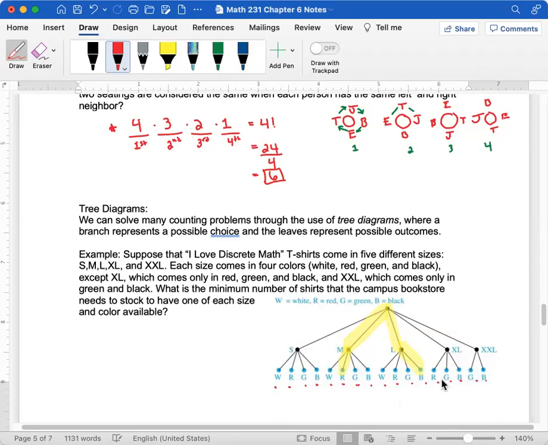And we noticed that in XL and double XL, there aren't as many color options. That does happen sometimes with the larger shirts. So 17 shirts are available. And that's how we can use a tree diagram also to help us calculate how many possibilities there are. And there you go.